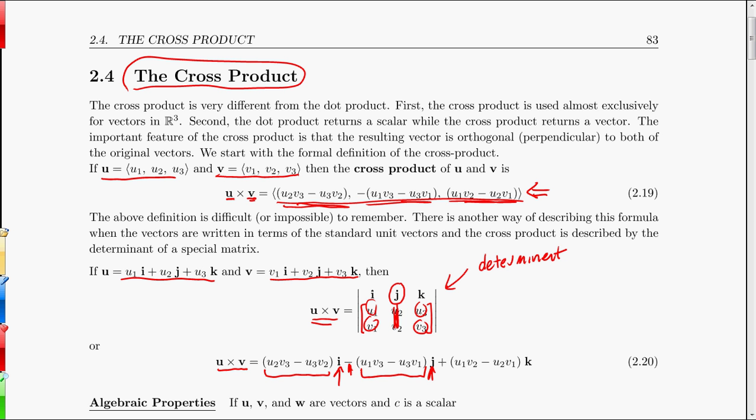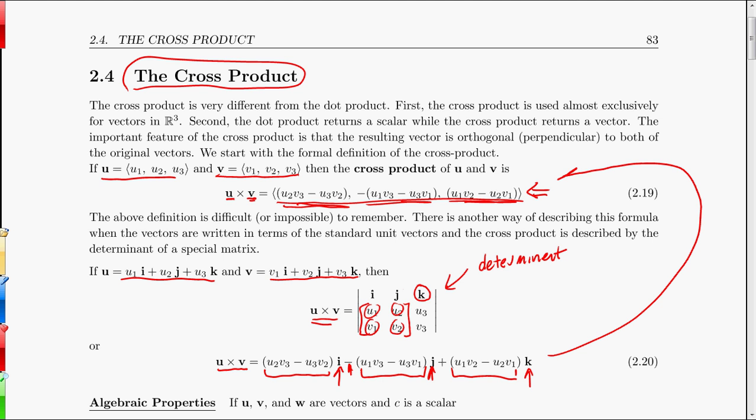And then you'd continue across that top row, and you would get to k times the determinant of this matrix, and that would be u1 v2 minus u2 v1. So there's the k, and there's the determinant. And so when you get all done with that, if you put it back into its standard form, you're left with a vector that looks like this.